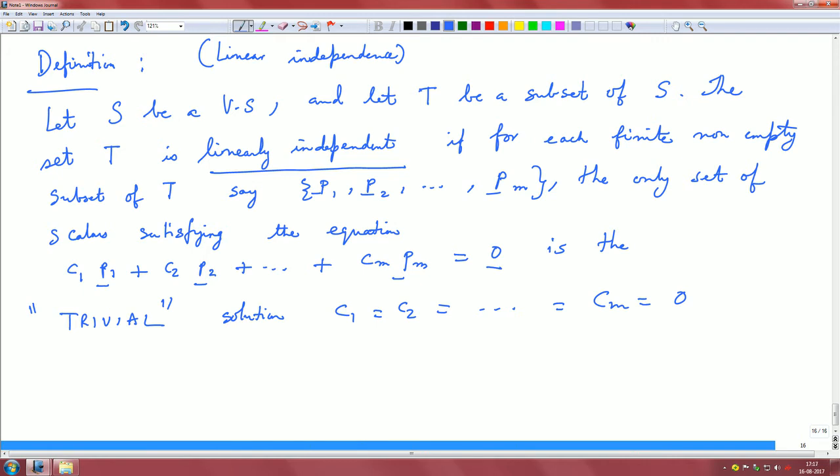So that means if we find Ci's that are all not 0 such that sigma Ci Pi is 0, then this set Pi, i equals 1 to m, forms a linearly dependent set.